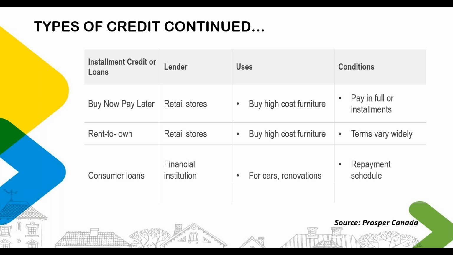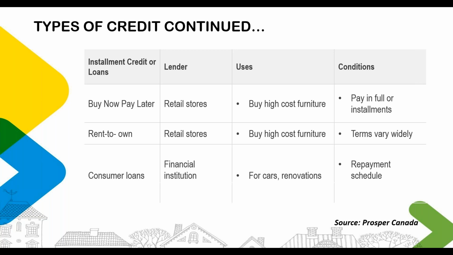So let's say you're looking to purchase about $4,000 worth of furniture. They give it to you and they say the condition is that you pay monthly. So you can pay $500 monthly, or you can wait until the end of the year and then you pay the entire $4,000.